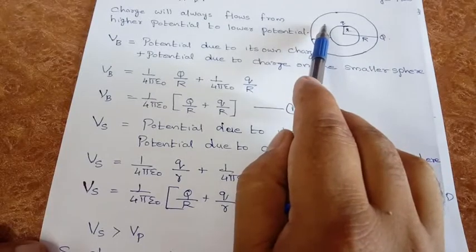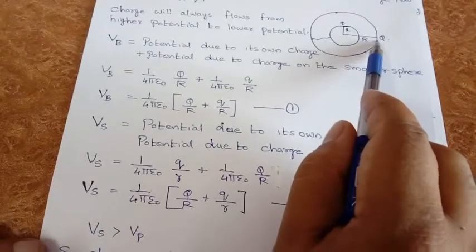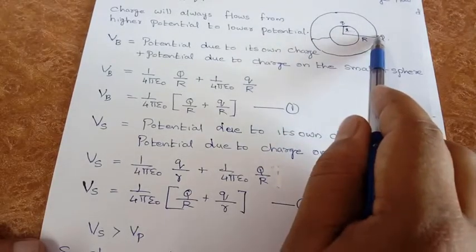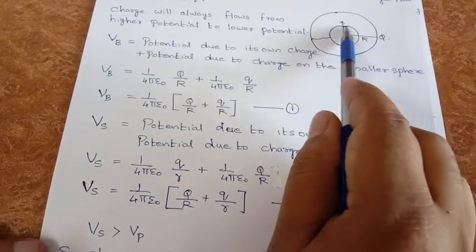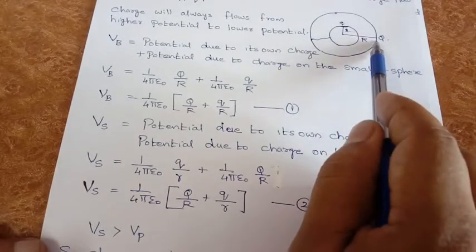We already studied that in the interior of a conducting sphere, electric field is 0 but electric potential remains the same, and that will be equal to the potential of the surface. So inside the bigger sphere the same potential is residing, equal to the potential of the surface. Therefore the smaller sphere is residing inside the potential of the bigger sphere.